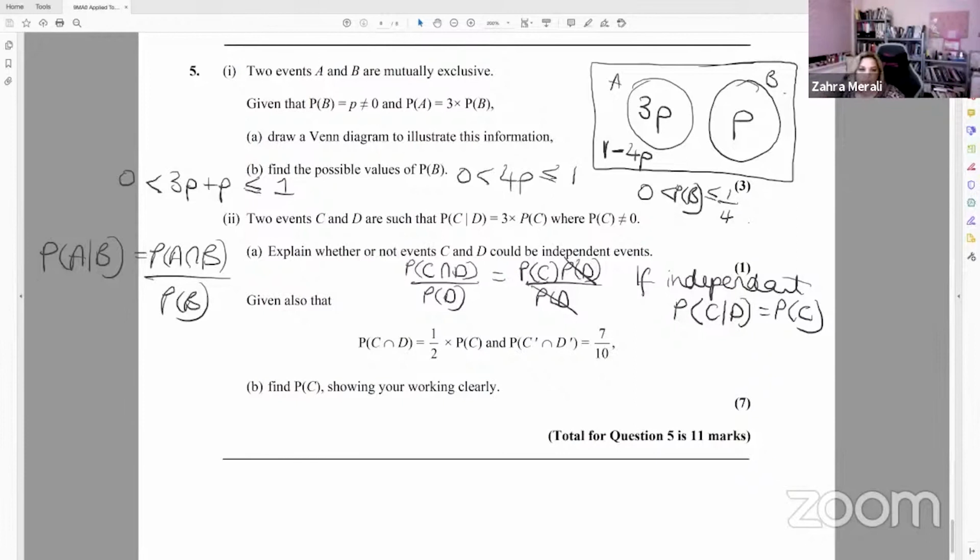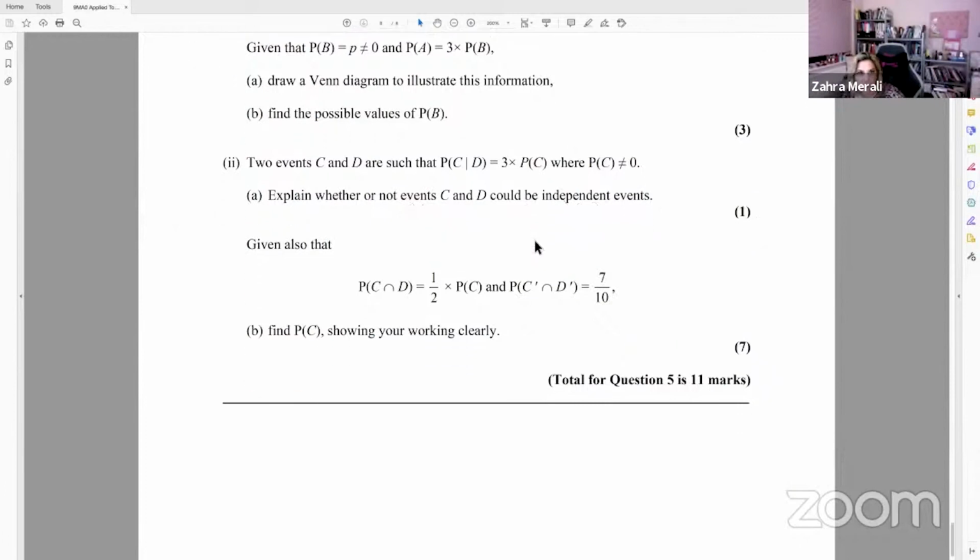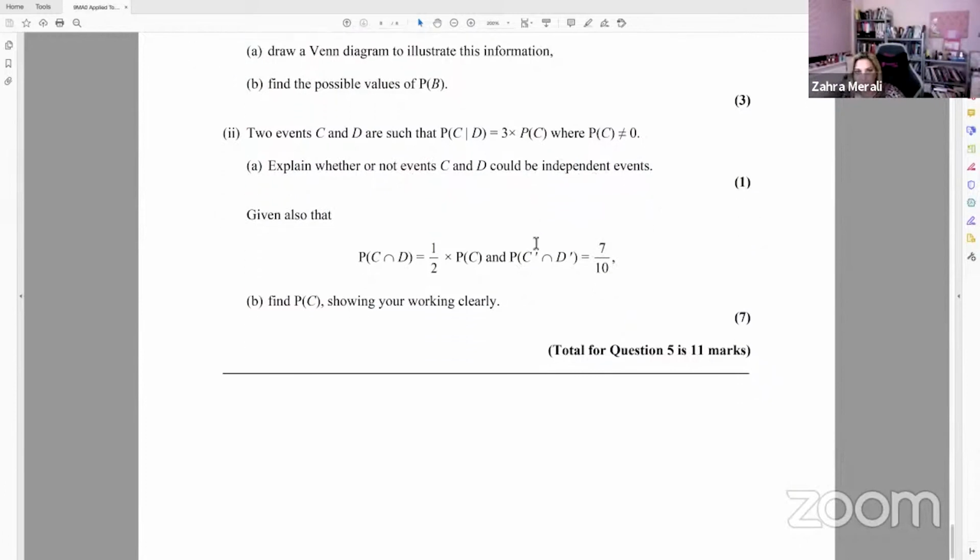And now we've got to work out the probability of C given some information. So I'm going to clear this and scroll up just so I've got some more space. Right. So now we're going to actually use the formulas. So we know C given D. So we know the probability of C and D divided by the probability of D equals 3 lots of the probability of C. Okay.